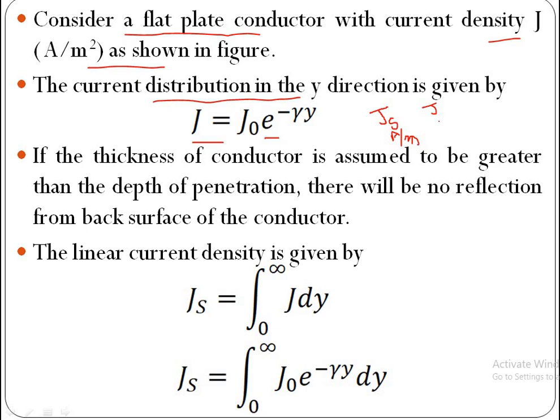The units of current density J are ampere per meter square. So to get linear current density from this current density J, we take the integral of J into dy.